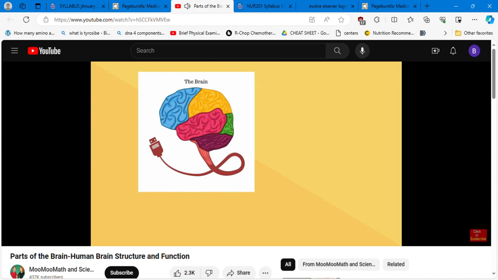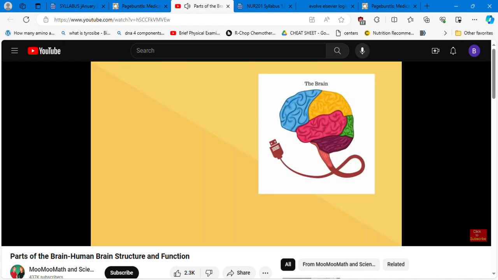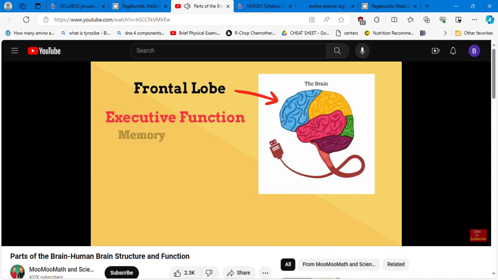The occipital lobe is responsible for your vision. The frontal lobe is responsible for your executive function. This includes your memory, impulse control, your emotions, planning, and organization.